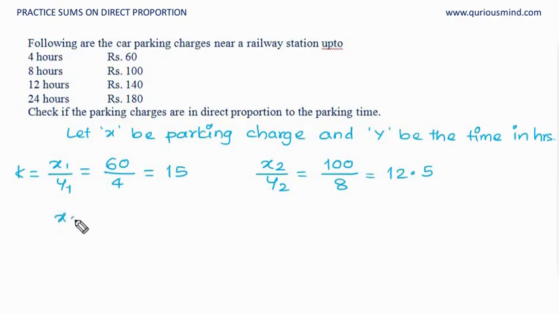For x3 and y3, 140 divided by 12. So if you do that, 12 ones are 12, 2, 20. So 12 ones are again 12.